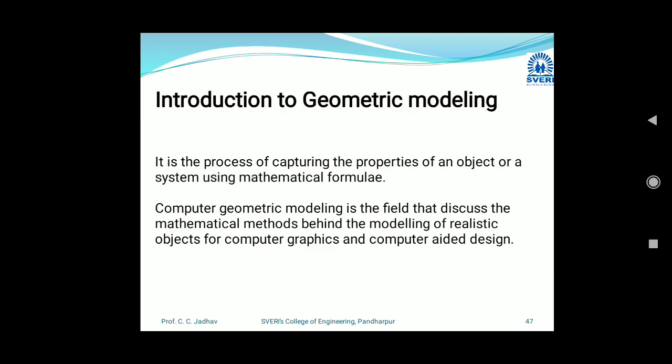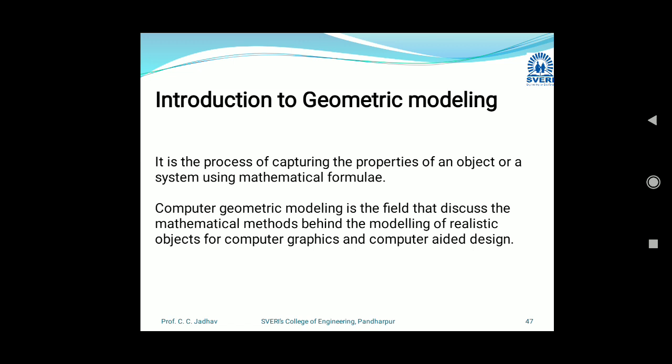So we will start the second most important part of this chapter, that is geometric modeling. In that we will study surface modeling, solid modeling, and wireframe modeling. So what is the importance of geometric modeling in the computer system or our designing sector? It is a process of capturing the properties of an object or system using mathematical formulas. In geometric modeling, we take the information from the model attributes, and from that we create the model.